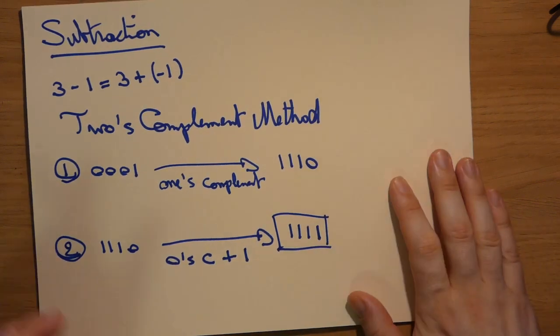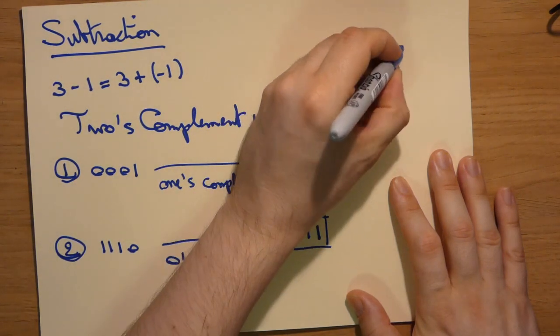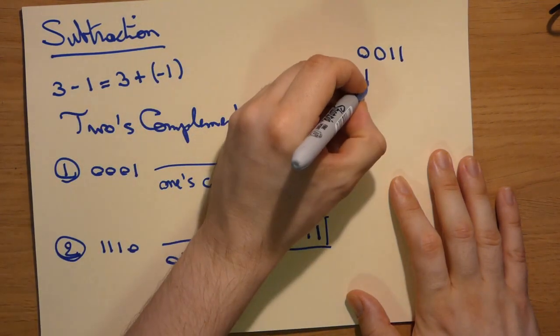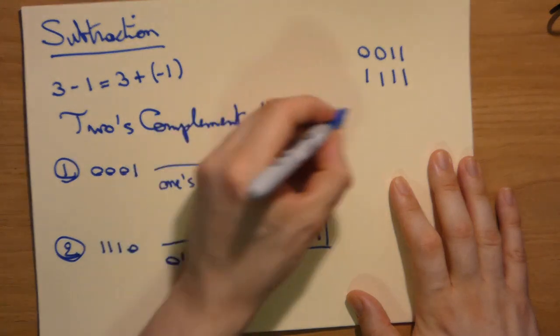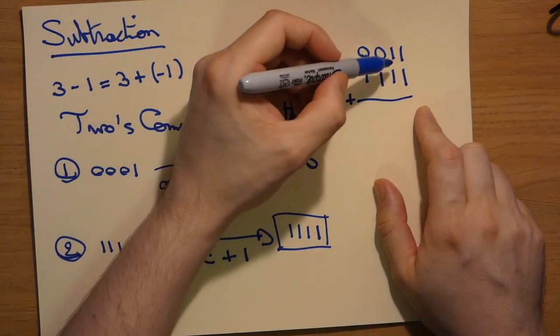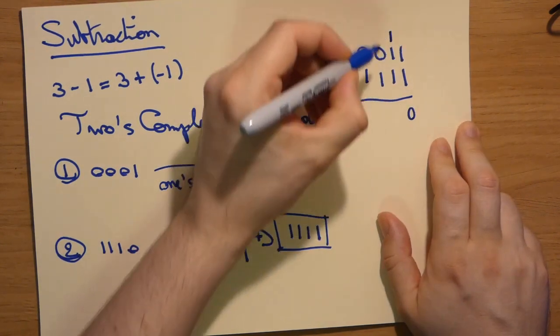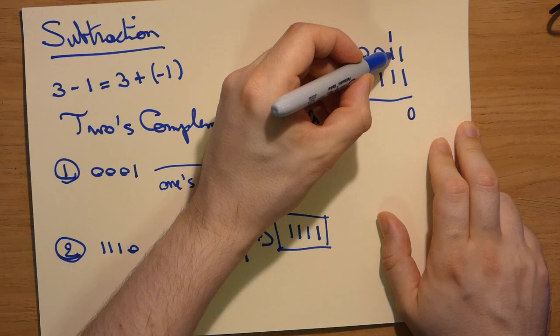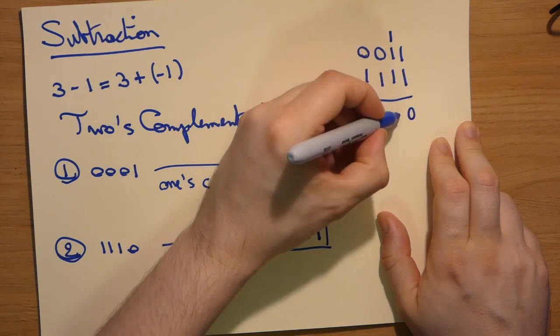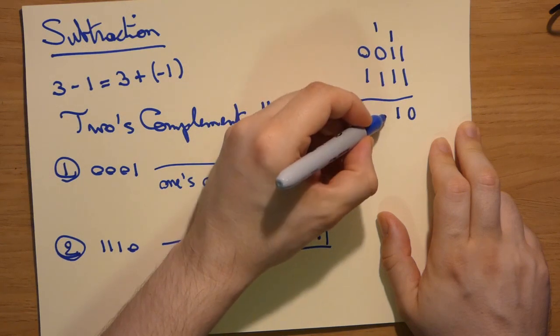So what if I try this now? I have 3. So what is 3 in binary? I have this. I add negative 1. So what's my result here? I have 1 and 1, 0. Carry. 0 and the 1 is a 1. The carry 1 and 1, 0.